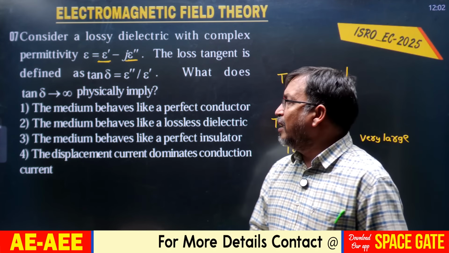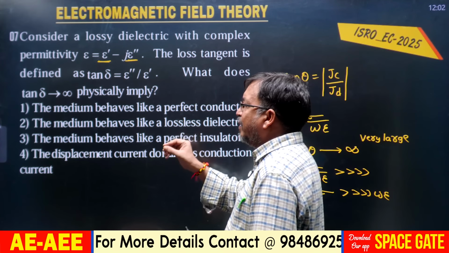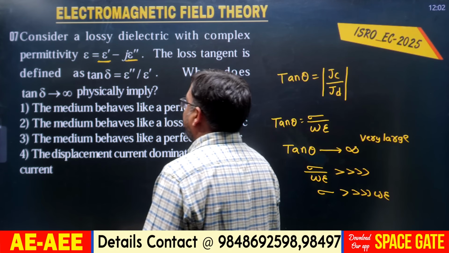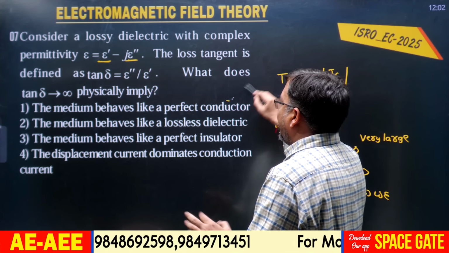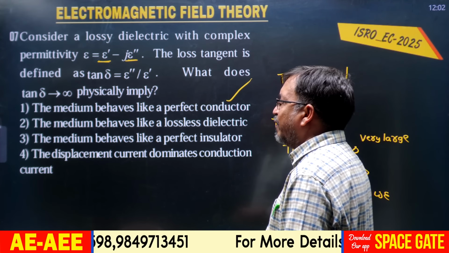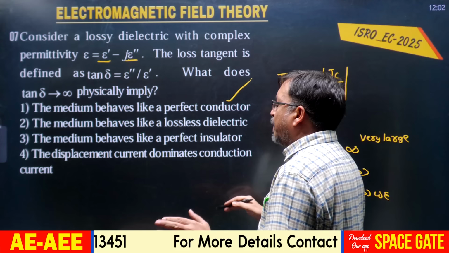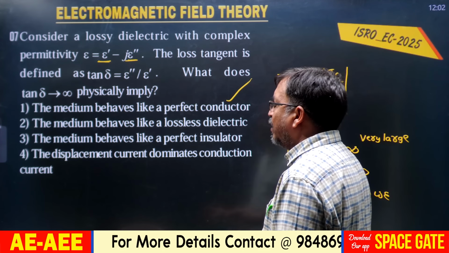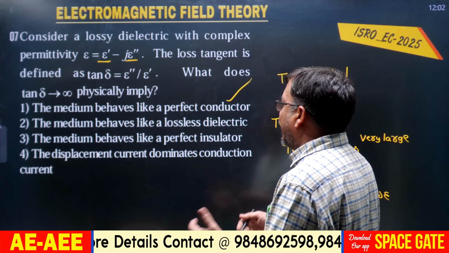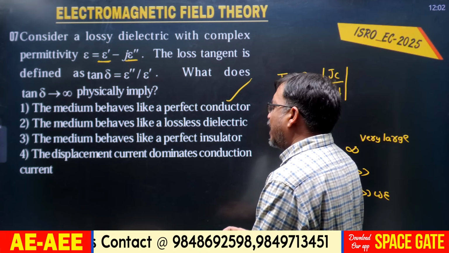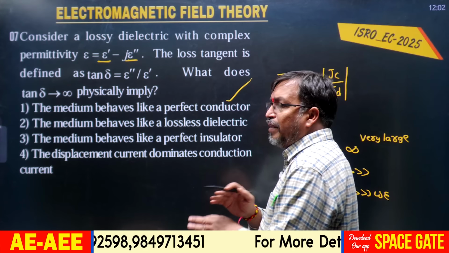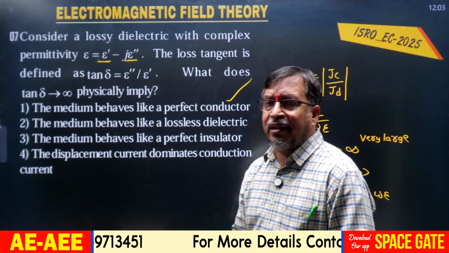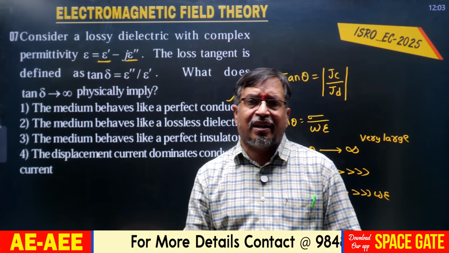Here it is mentioned tan theta tends to infinity, that means the medium behaves like a perfect conductor. That's all. Option 1 is the correct answer. Option 3, insulator, is wrong. Option that says displacement current dominates conduction current is also correct in itself, but when it tends to infinity it is only a perfect conductor. Option 1 is the correct answer.